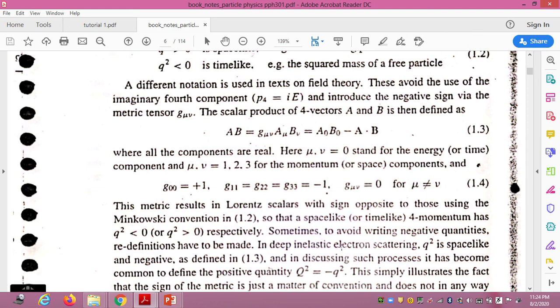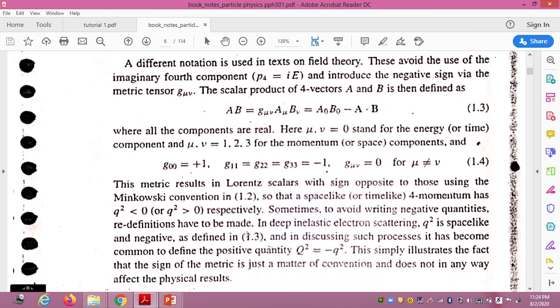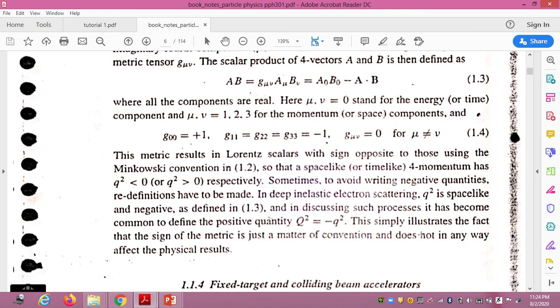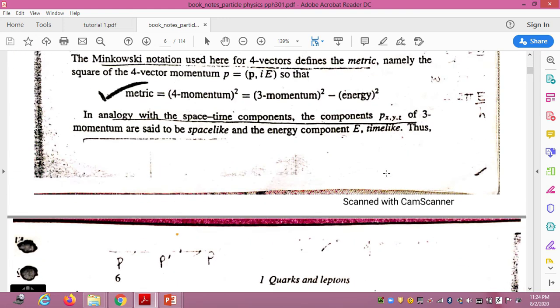Sometimes, to avoid writing negative quantities, we redefine the parameters, and those redefinitions again help us form the equation in such a way that the final quantities will not change in any frame of reference. The quantities will always be the same. Okay, that is it for this part.